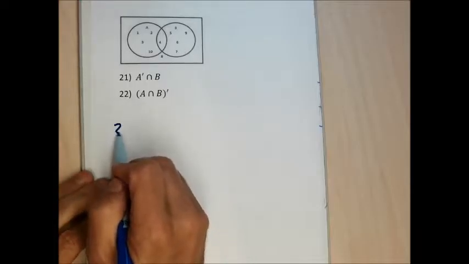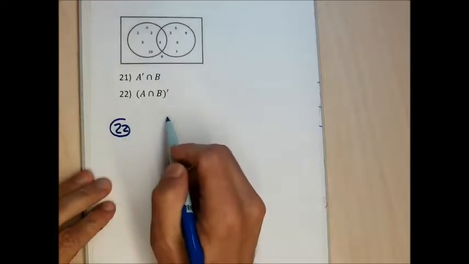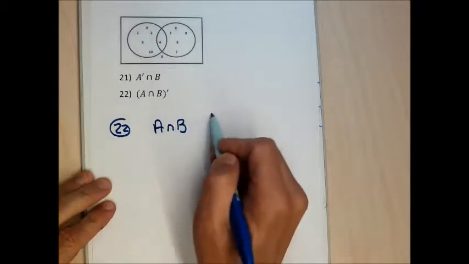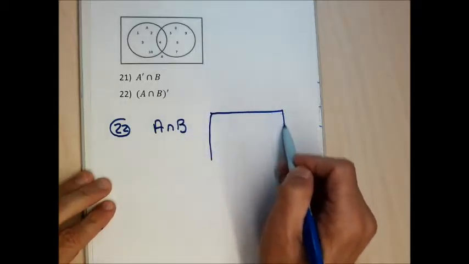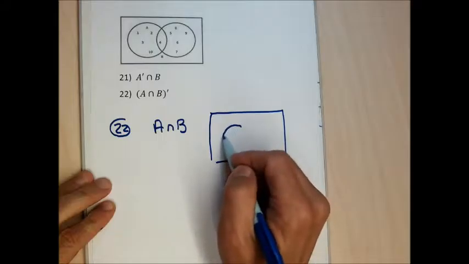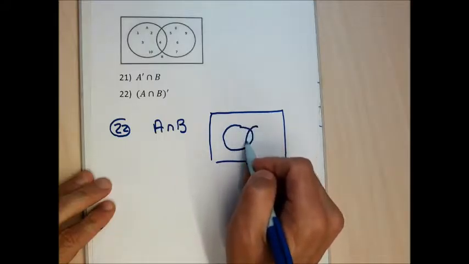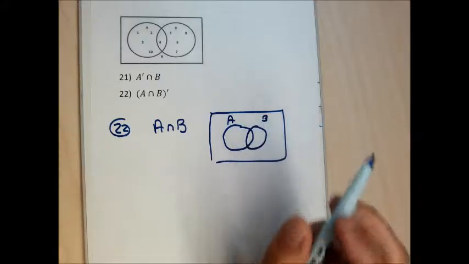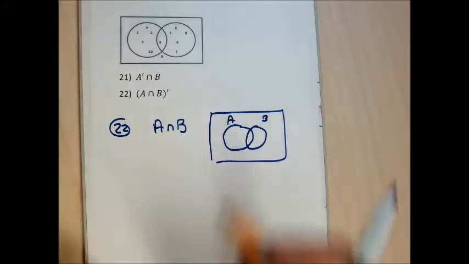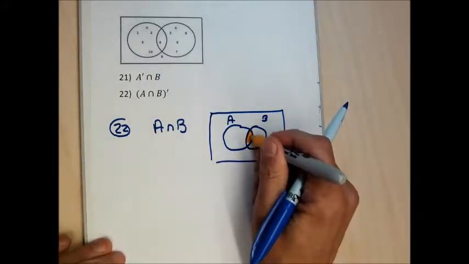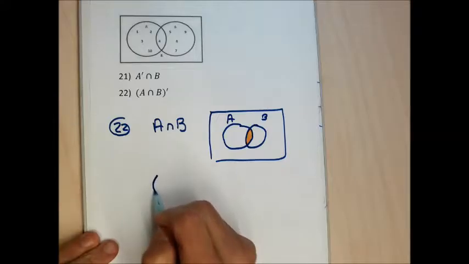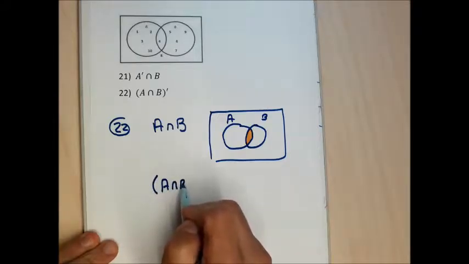So for 22, I'm going to start off by drawing A intersection B. And again, I can do A intersection B real quickly without doing a monstrous amount of shading. A intersection B is just the region where the A and the B circle overlap. That's what A intersection B is going to look like in one clean coloring. Unfortunately, I need the complement of that.